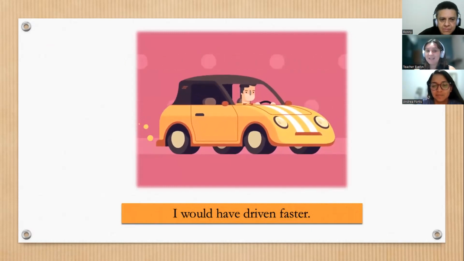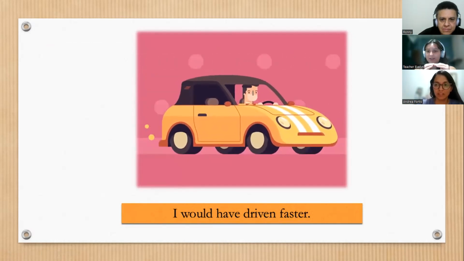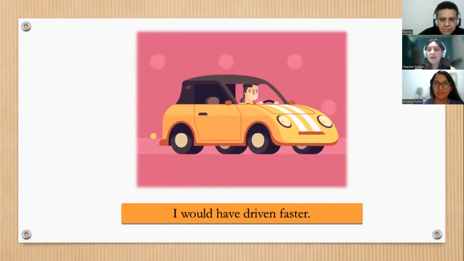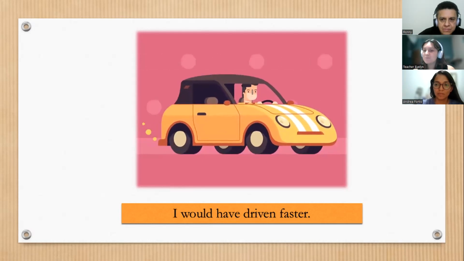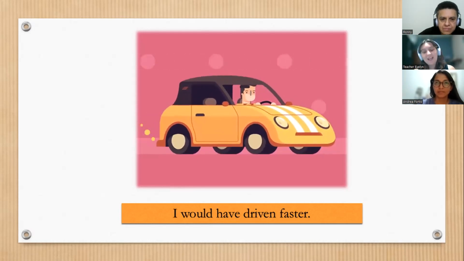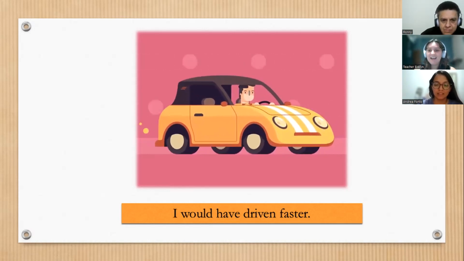I. We have the word would, right? This is our auxiliary today. Then we have the word have, and the past participle of drive, driven. And the complement, faster, right?